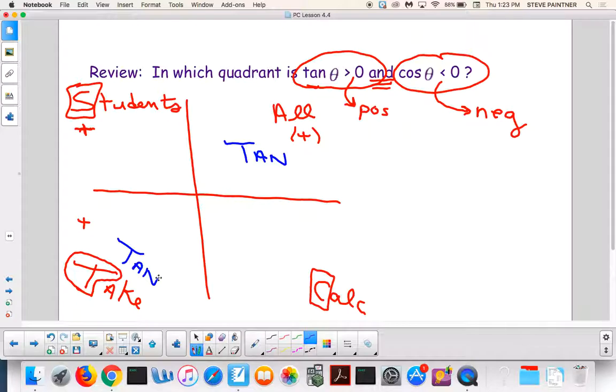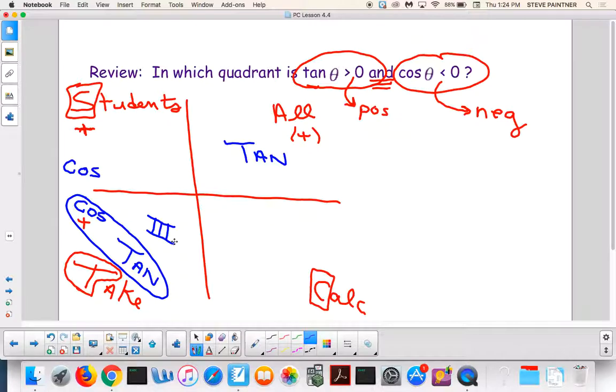But where's cosine negative? Cosine's positive here, positive here. So the cosine is negative here, right? And cosine is negative here. So the winner is, tangent's positive in this quadrant, cosine's negative in this quadrant. So this is the winner. This is where we'd be.